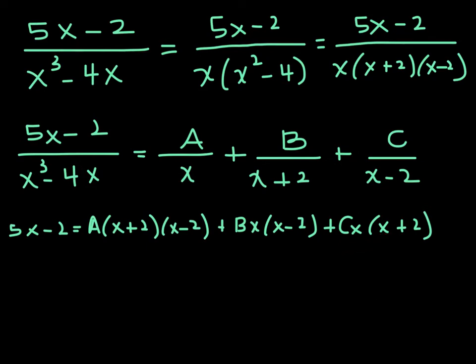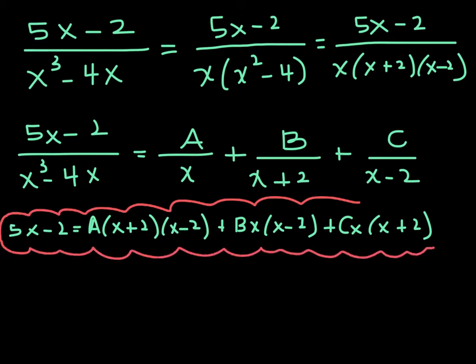Now remember that this is an identity, and it must hold true for all values of x. I'm highlighting it just because I might come back to this often. The previous statement is also an identity. It holds for all values of x as well, except for x equal to 0, x equal to -2, and x equal to +2, because at that point, you would get something undefined.